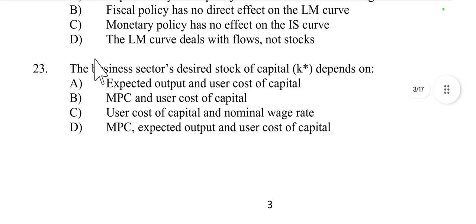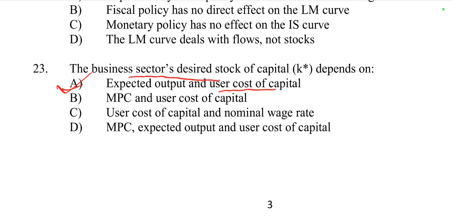Then question number 23. The business sector's desired stock of capital, or K-star, depends on what? The desired stock of capital depends on expected output and user cost of capital. So the first option is expected output and user cost of capital. This is right.